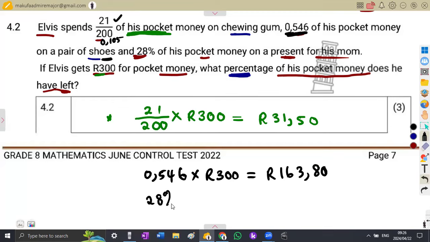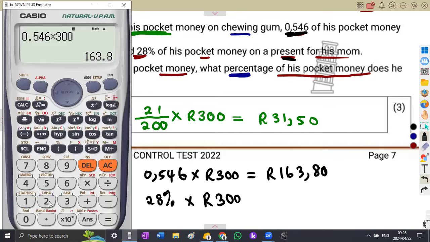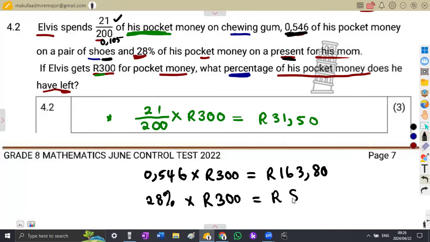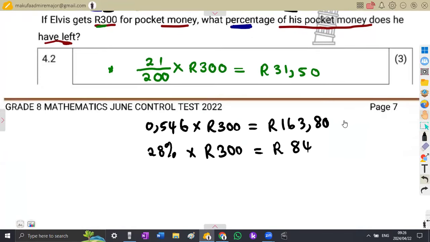Then 28% of his pocket money was used on a present for his mom. 28% means 28 over 100. So 28% of 300 is going to give us 84. So he used 84 rand to buy a present for his mom.